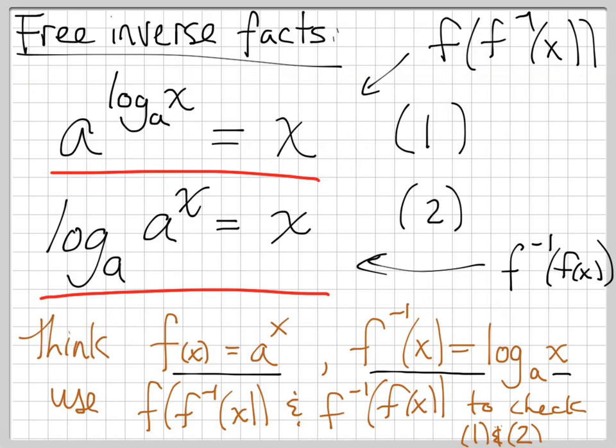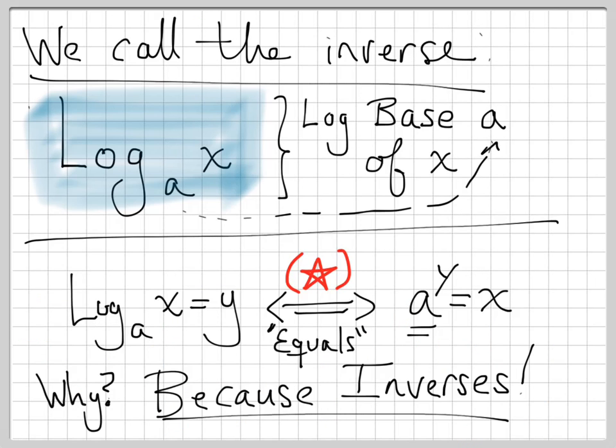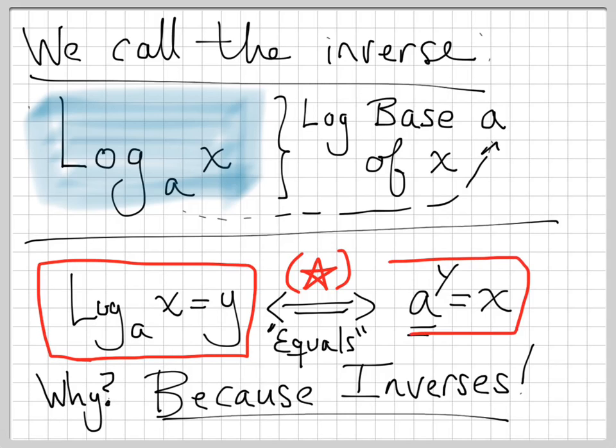Now, going back to this, log base a of x equals y can be replaced with a to the y equals x. The way you want to think about it is that it's always the base to the result equals what's inside.